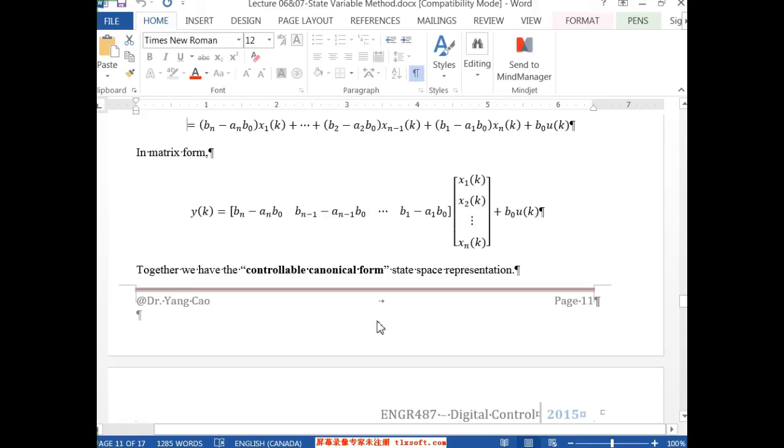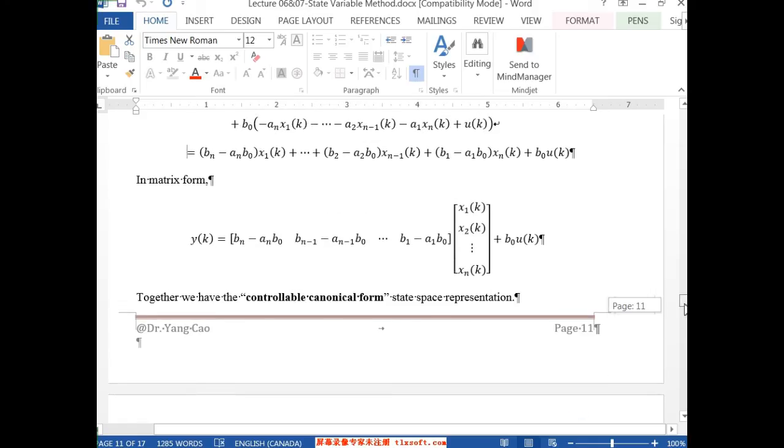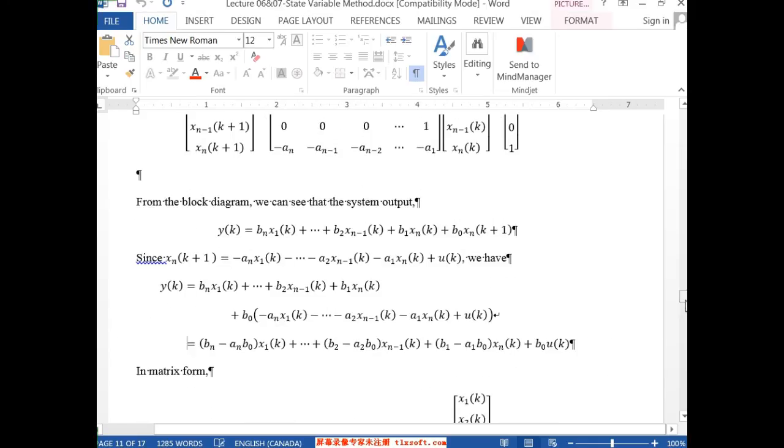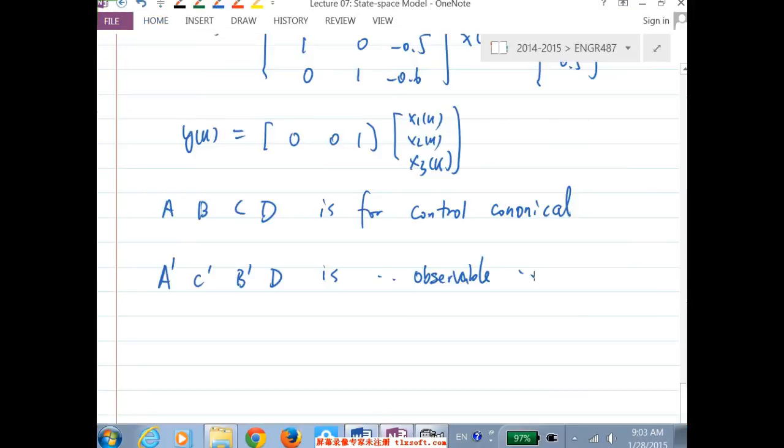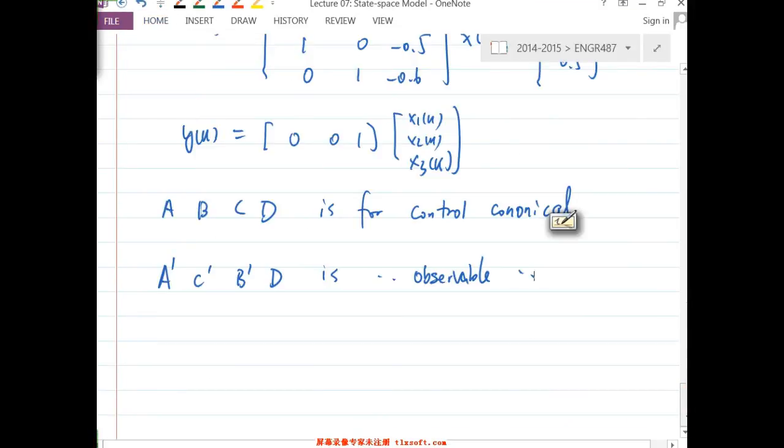You just pick up one of the formulas and use the coefficients properly. That's my requirement. Is that good? That's a simplified requirement, though. So now you see the connection between the two most commonly used forms, control canonical and observable canonical.